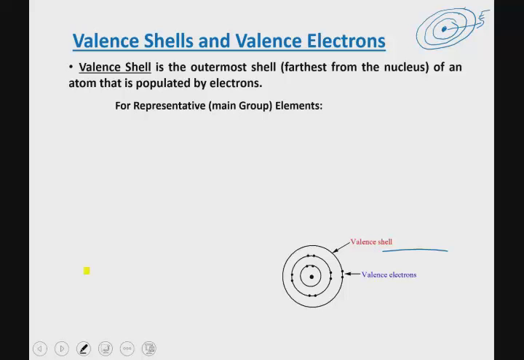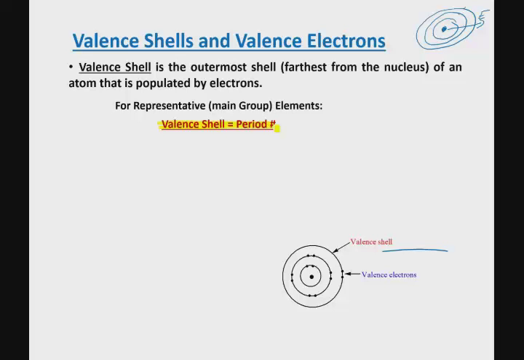For representative or main group elements only, it is actually pretty easy to tell which shell would be the valence shell, because the valence shell is equal to the period number in which that element resides. So if you look at the periodic table that you have handy, calcium is in period 4, and therefore the fourth shell of calcium atom will be the outermost shell.